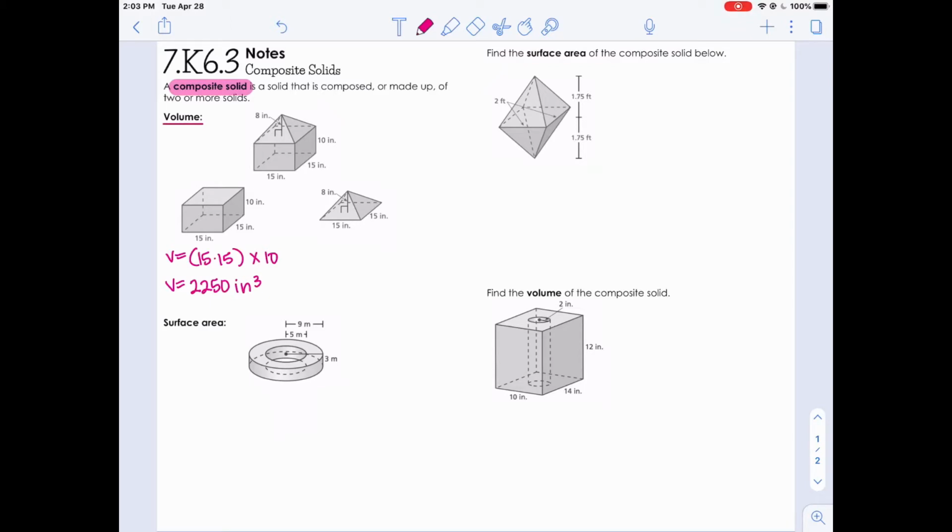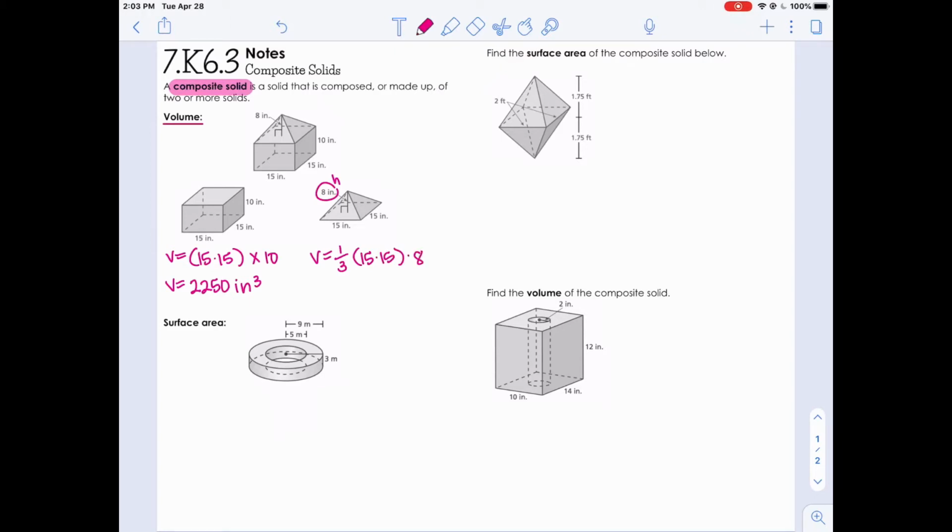Now we need to find the volume of our pyramid over here. It is a square pyramid, so to find the volume of a pyramid, we need to take a third times the base area and then times the vertical height. So that height there in the middle is this 8 here. And our base area is again going to be 15 times 15, and then multiplying that all by 8.